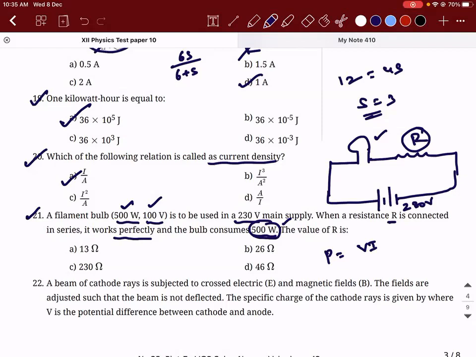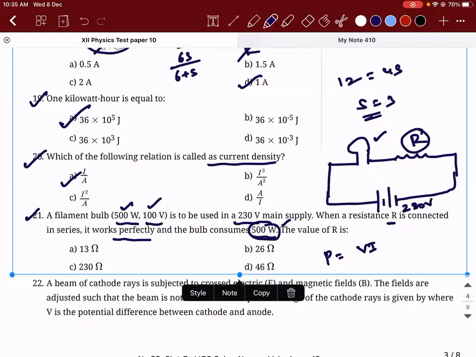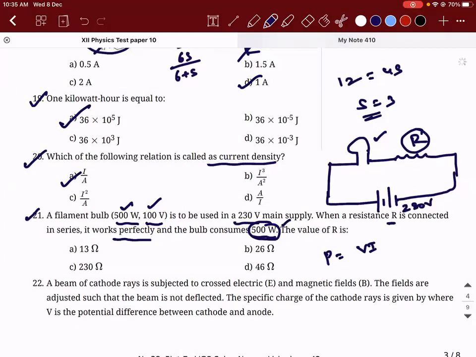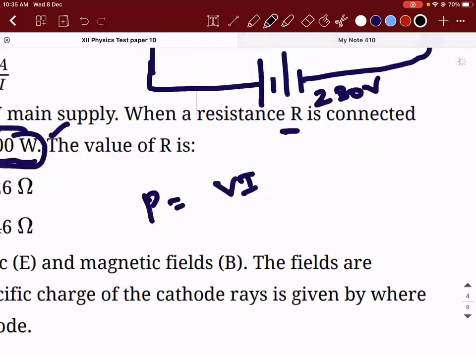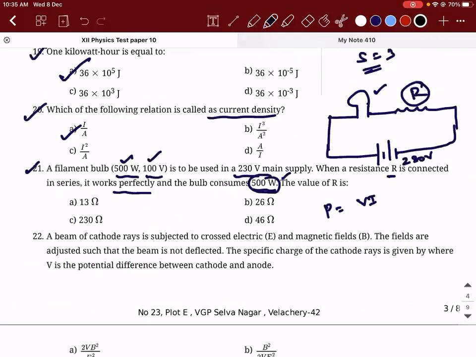Can you guys tell me? Power is equal to V I. So 500 divided by 100, 5 amperes. You should not use 230, you should use 500 divided by 100.